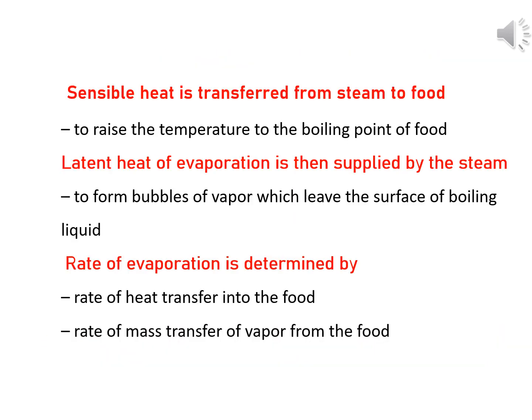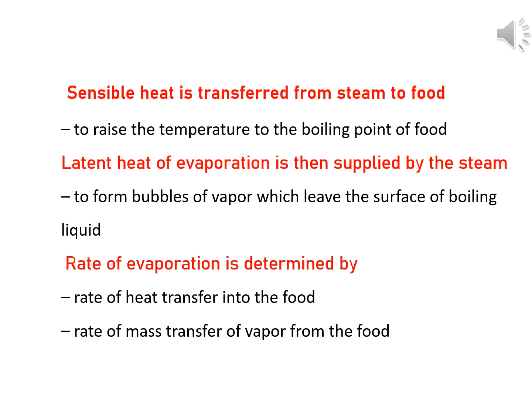Heat transfer in an evaporator occurs in two modes: sensible heat and latent heat. First, the sensible heat is transferred from steam to food to raise the temperature to the boiling point of the food.